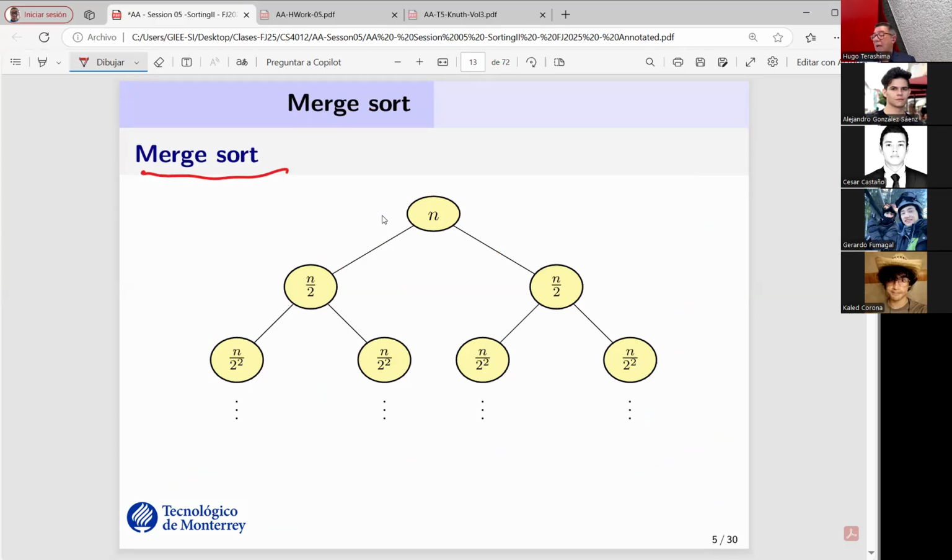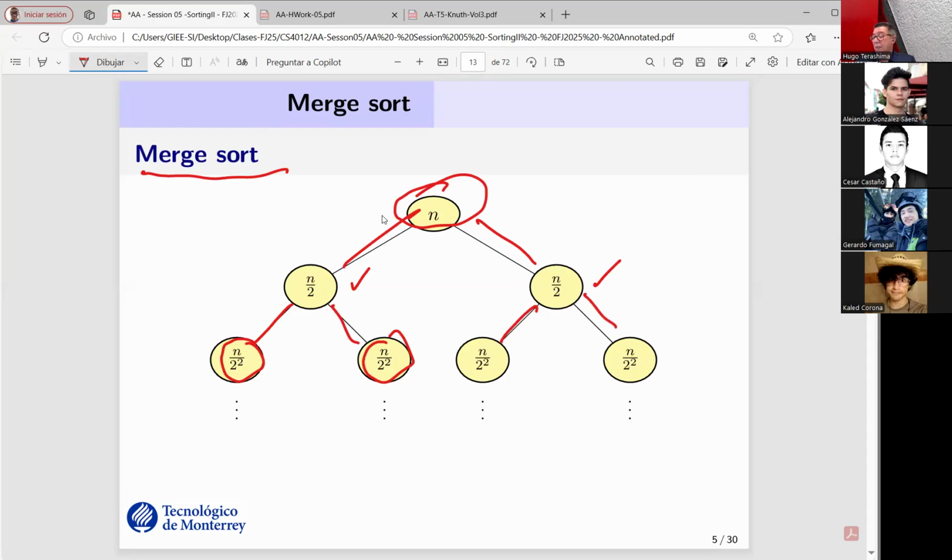I have a list of n elements unsorted. I divide it into two subgroups, or sublists, of size n over 2 each. And then I do the same: I split it up into a smaller size, n over 2 squared.